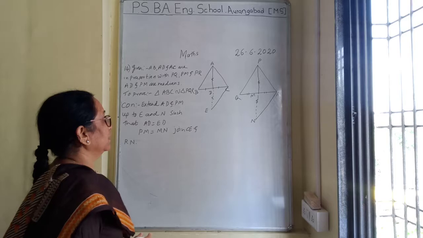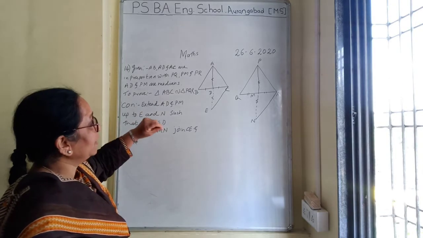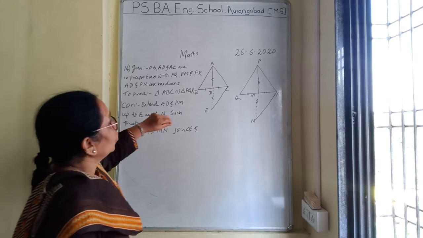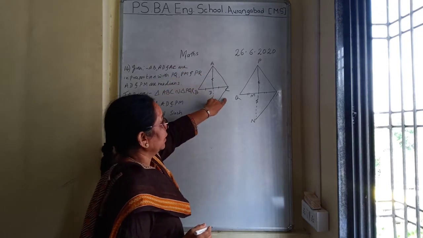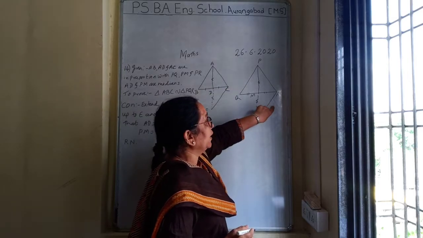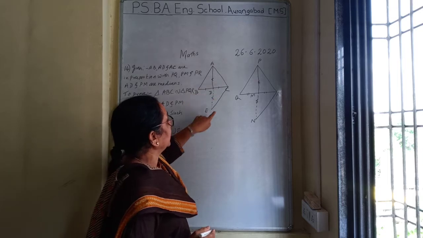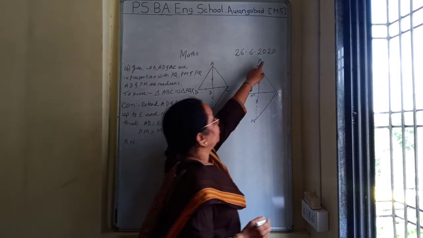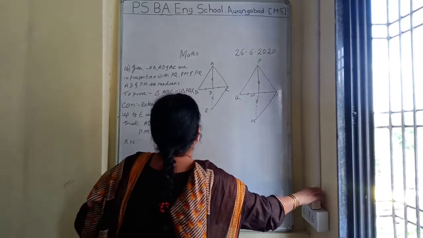That is the construction. Now you have to understand why we have made such a construction, so that we can say that AB is equal to CE, PQ is equal to NR, and then we are going to prove that triangle ACE is similar with PRN. So what happens because of that, you will understand.